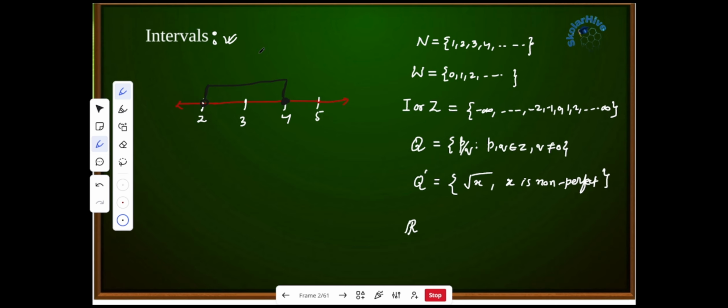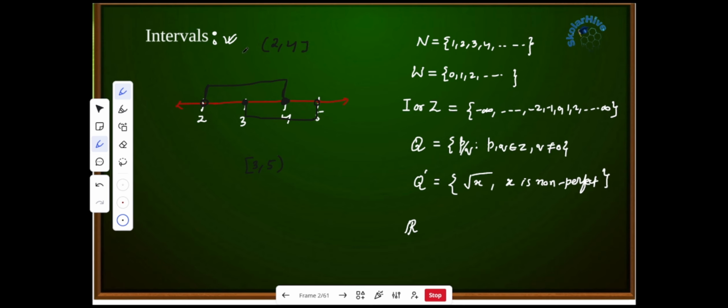It means we have given the interval (2, 4], and we have given another interval, which is 3 comma 5, open at 5. So we have two intervals, (2, 4] and [3, 5).